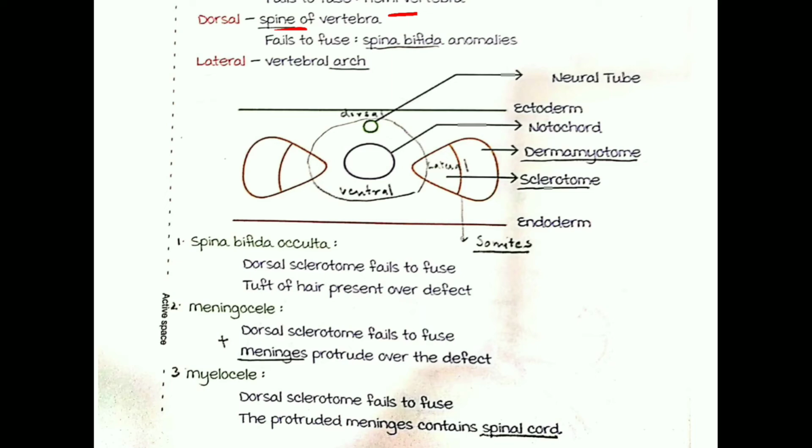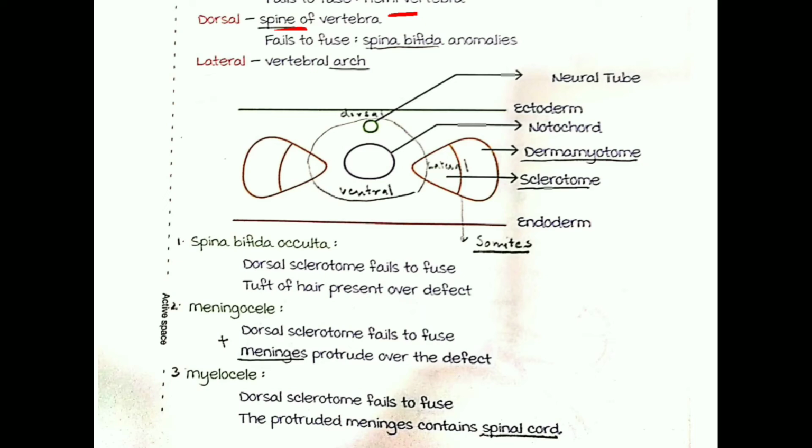Spina Bifida anomalies are of 3 kinds: Spina Bifida occulta, meningocele, and myelocele. In Spina Bifida occulta, there is failure of fusion of the dorsal sclerotome, and a tuft of hair can be present over the defect.